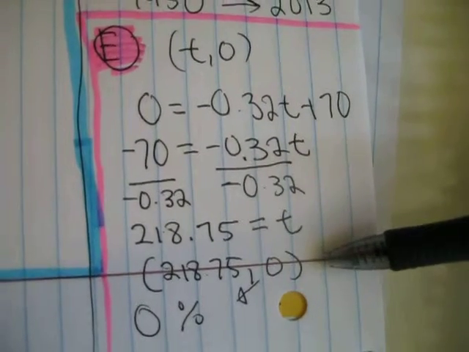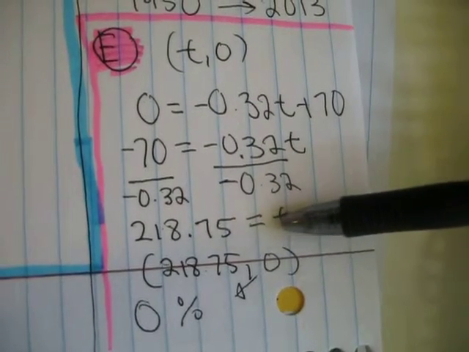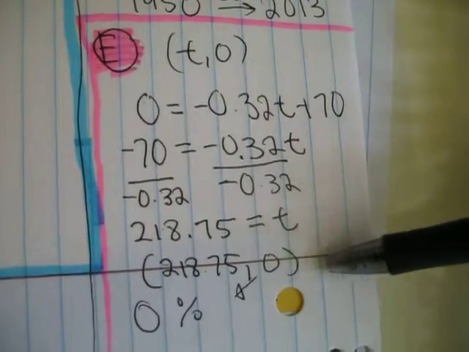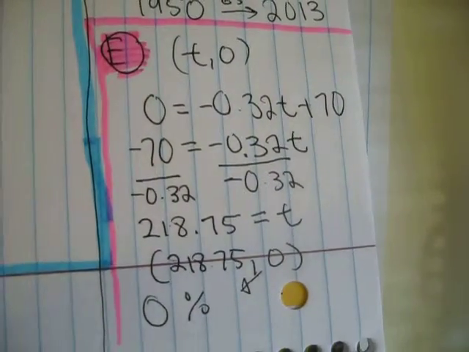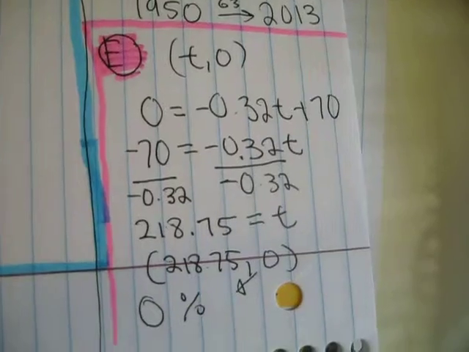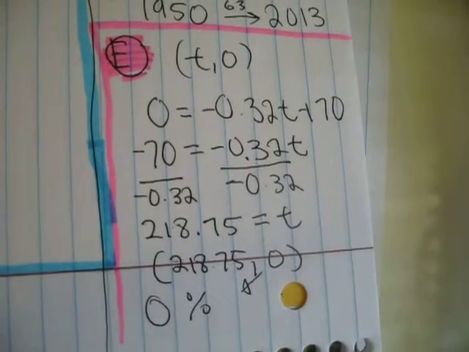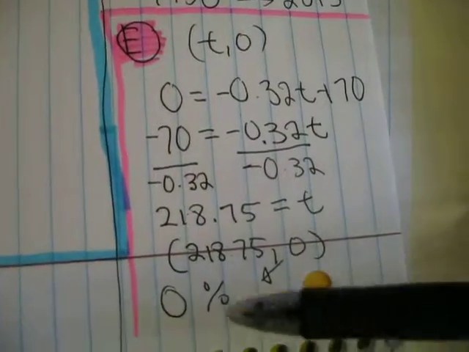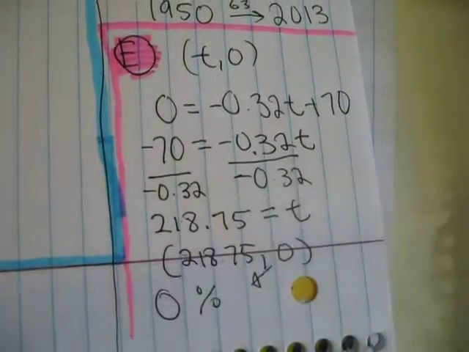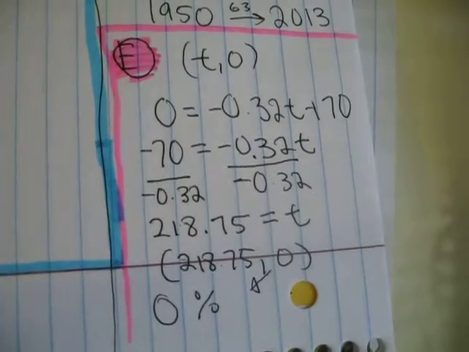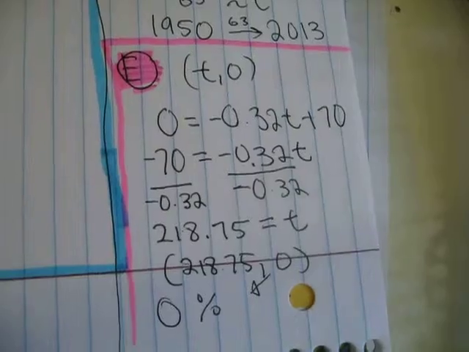So our intercept will be 218.75, and what this means is the t-intercept is the number of years after 1950 when no people live in this area. 0% lived in this area 218.75 years after 1950. Thank you.